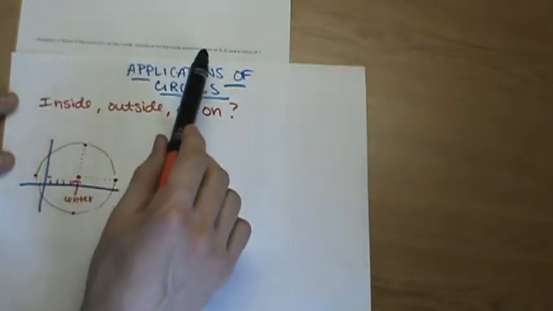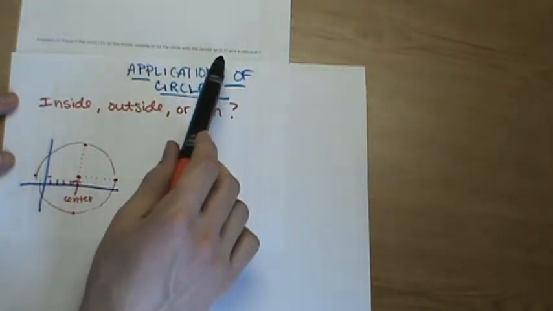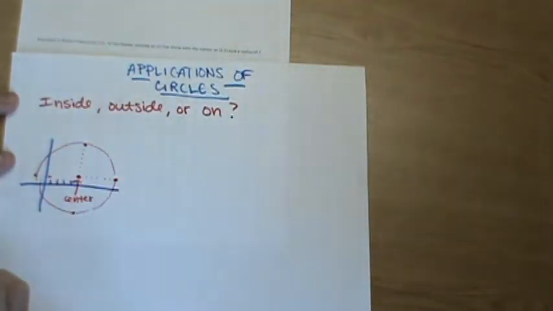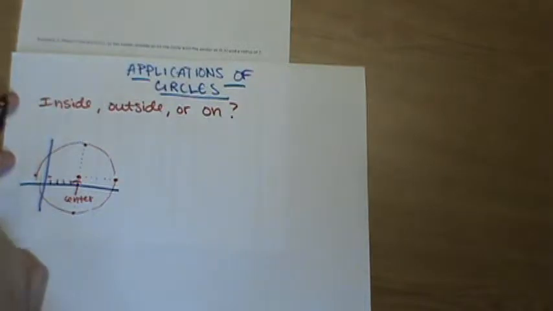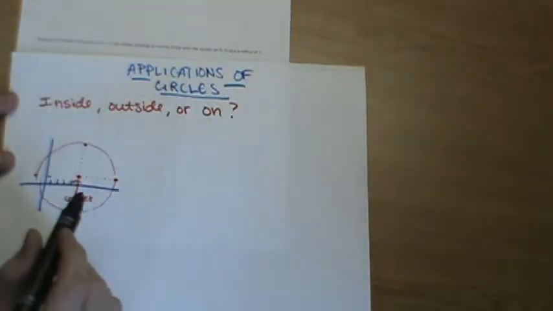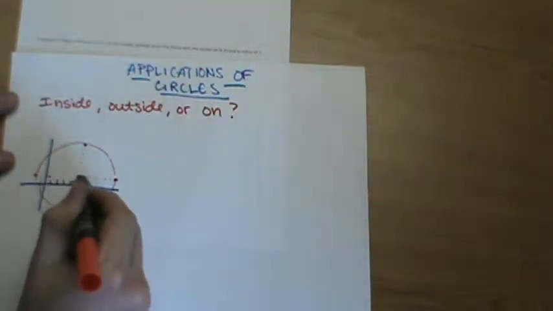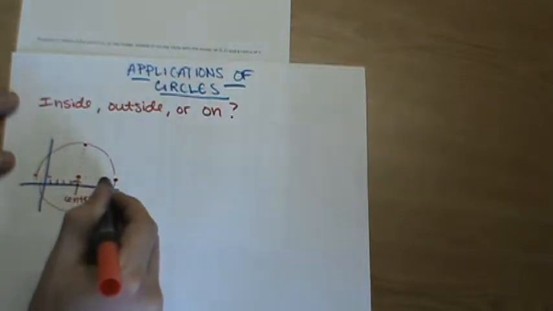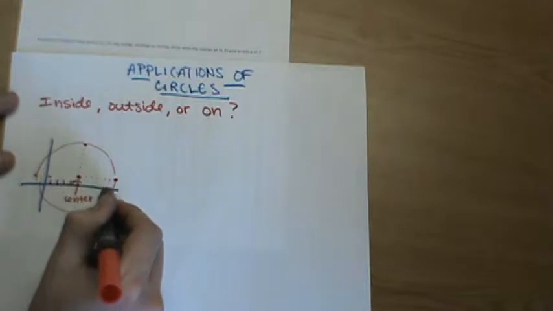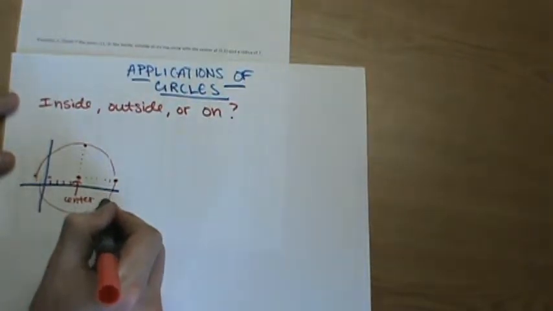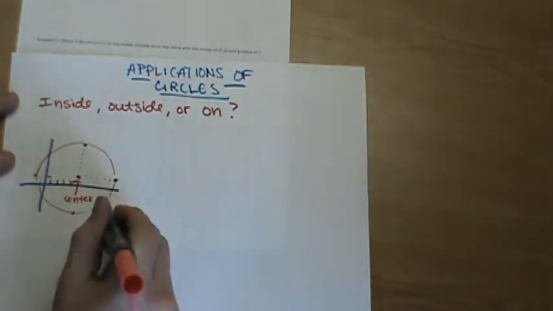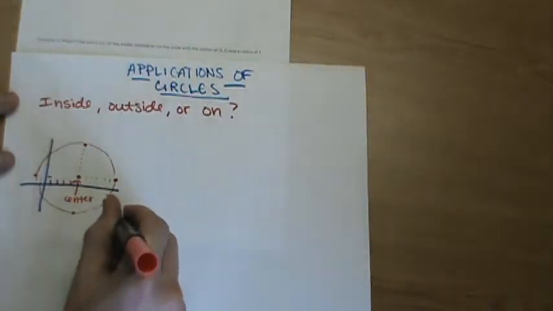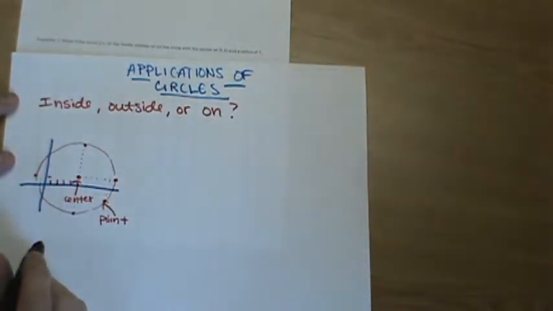So we just plotted the center at 5, 1, and it has a radius of 7. We now want to plot the point 11, negative 3. So we're at 5, 6, 7, 8, 9, 10, 11, down 3, 1, 2, 3. This is our point. Okay.